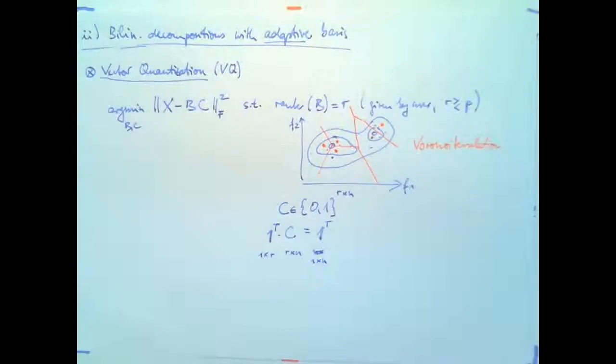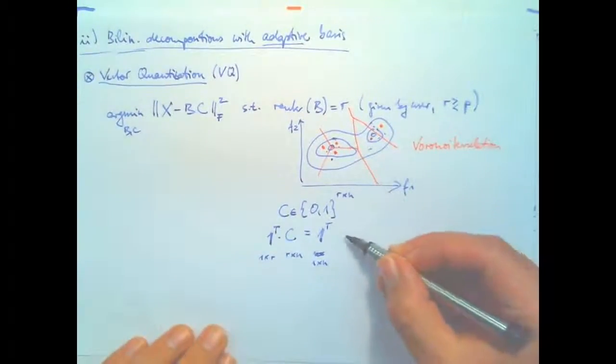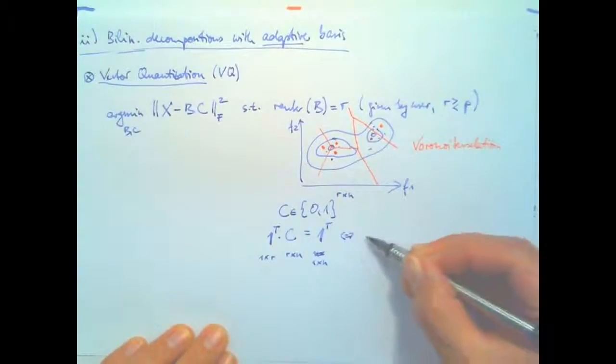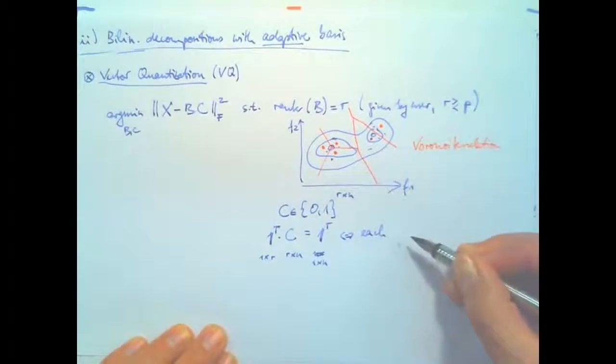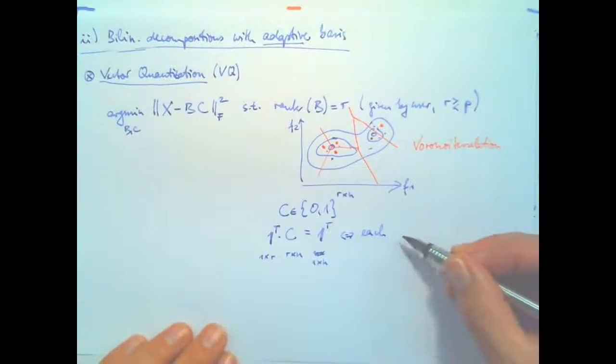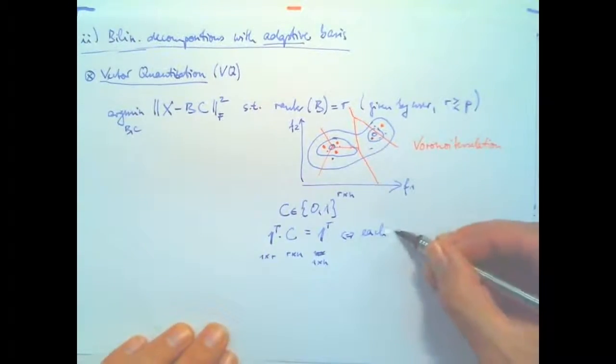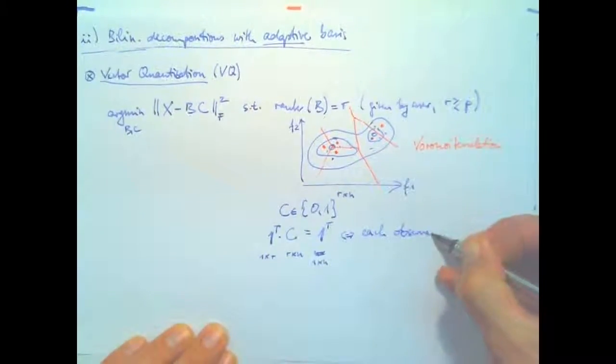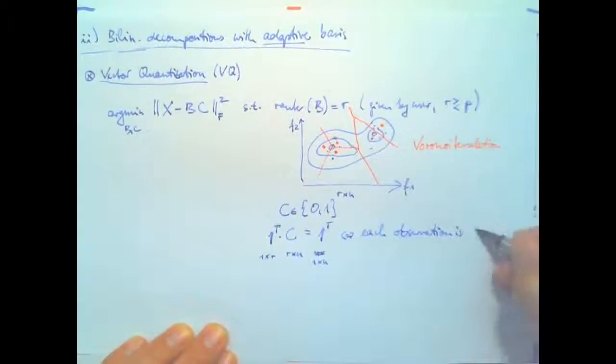So what this says is that each observation represented by the coefficients is assigned to a single cluster center.